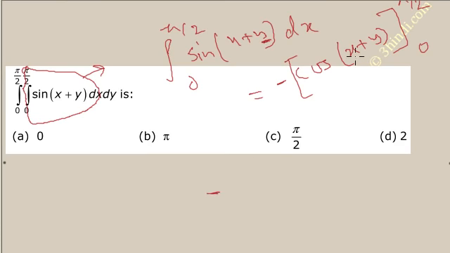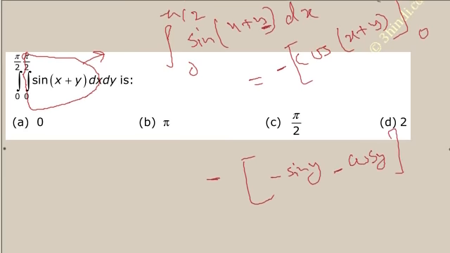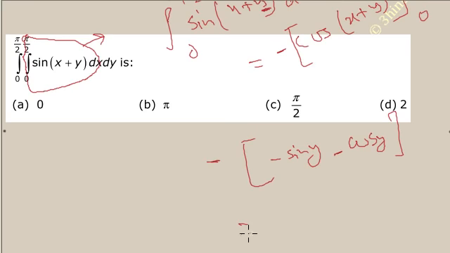If you put pi by 2 here first, you will get minus cos of y plus 90 degrees, which is minus sine y, so minus of minus sine y, and then if you put 0 here, minus cos y. So this becomes sine y plus cos y.